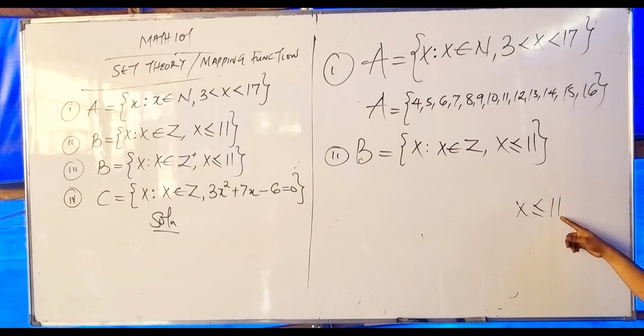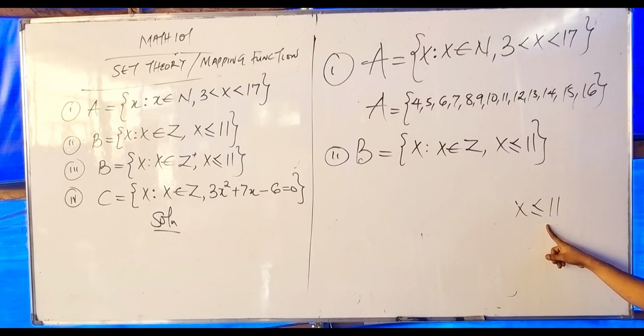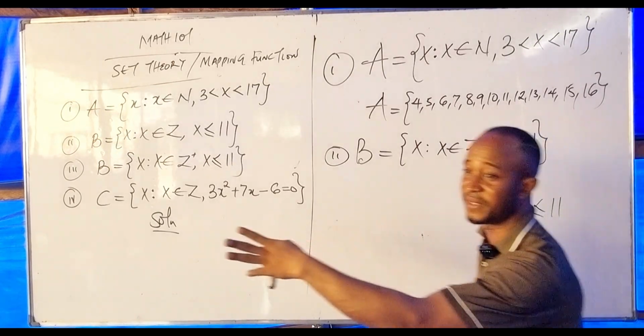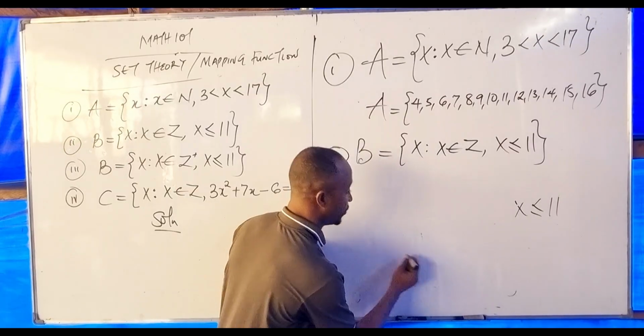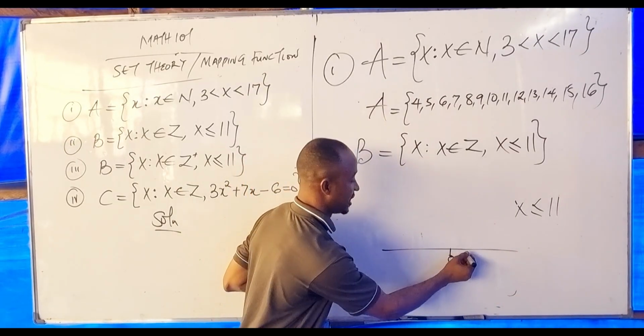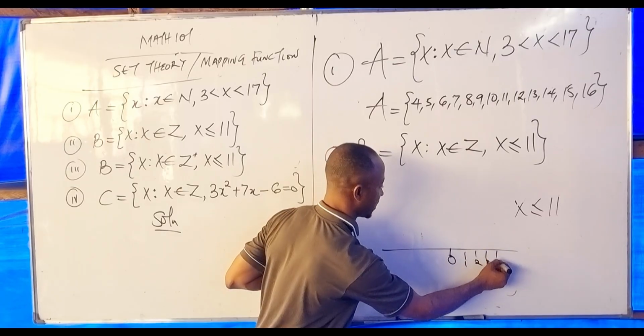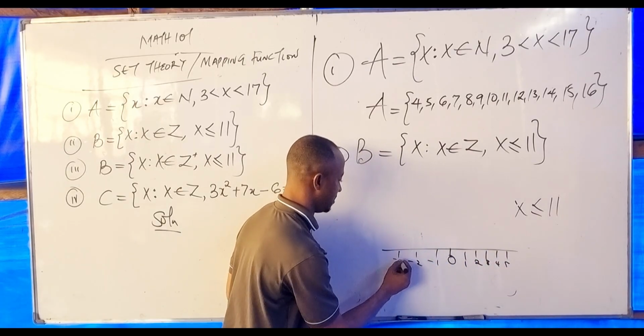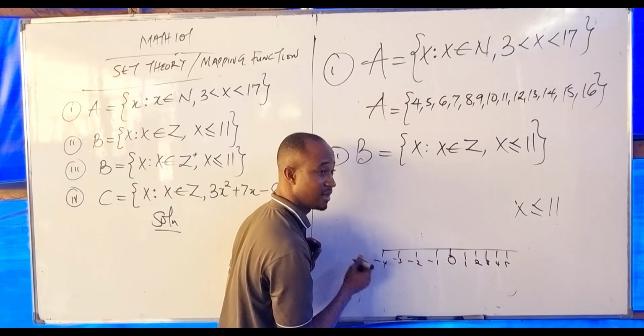But I start from 11 because we have an equal sign. Are you there? So from 11 to negative infinity. Hope you are aware that in your number line, the center here is 0. Here is 1, 2, 3, 4, 5. Here is minus 1, minus 2, minus 3, and minus 4.